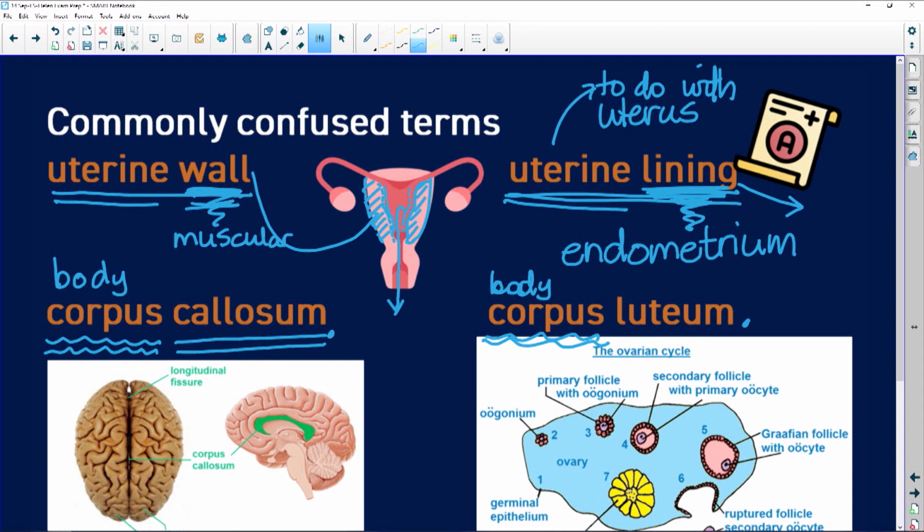Callosum means very tough, and the very tough body in your brain, the corpus callosum, is the tough connective tissue that holds the two hemispheres or two sides of your brain together, right?